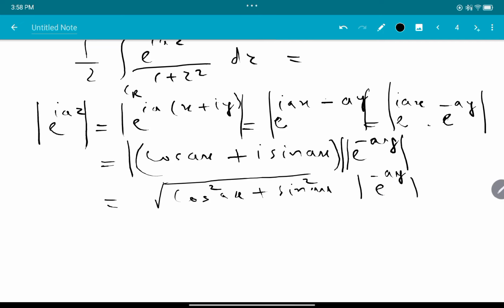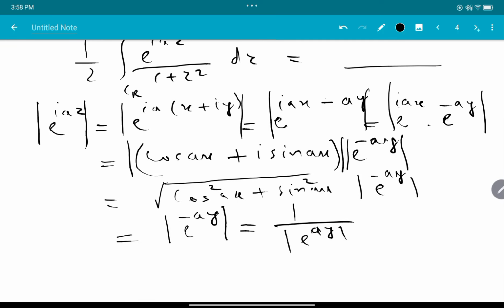So we have the modulus equal to e minus ay, which is equal to 1 by e raised to ay. A is positive and in the upper half y is also positive.